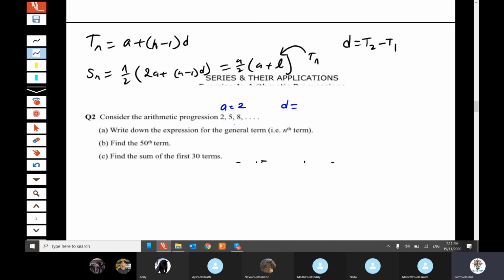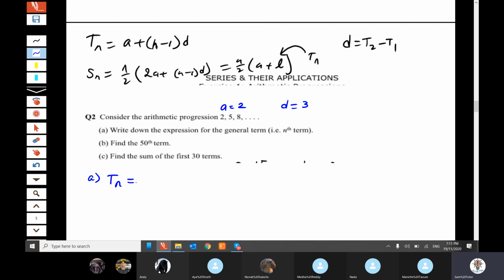You can do the second term minus the first, or your third minus the second. It has to be the same. Otherwise, if it's different, it's no longer an arithmetic progression. So your common difference here is 3. For A, write down the expression for the general term, nth term.